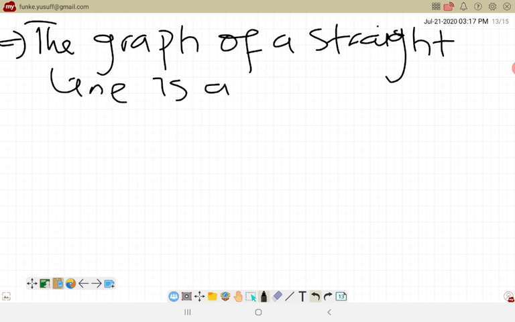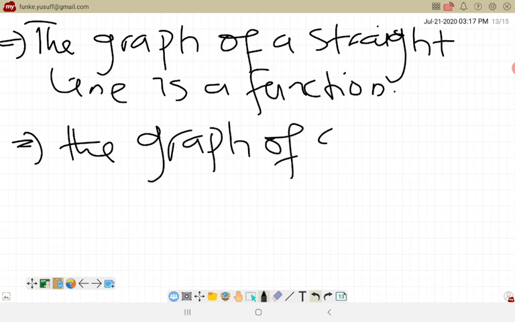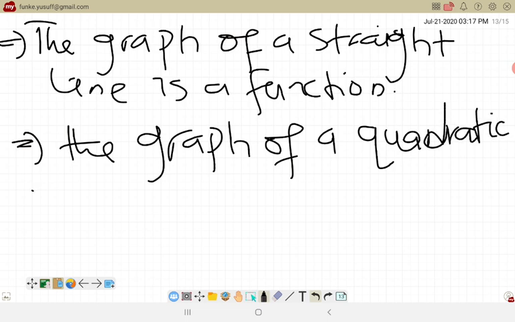The graph of a quadratic equation is also a function.